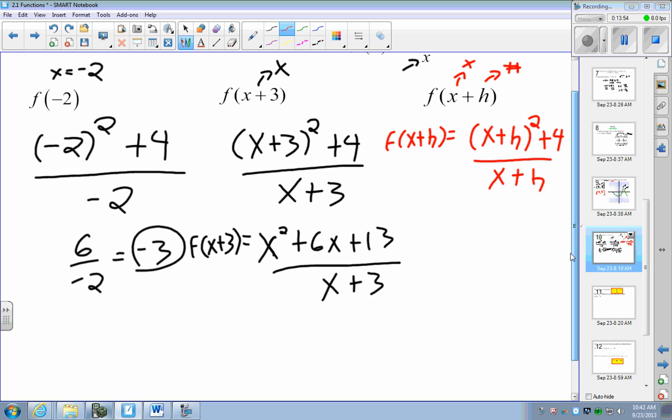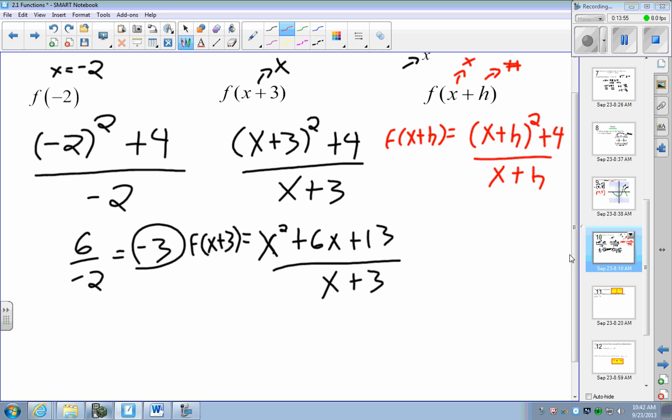Now we double distribute that x plus h squared. We'll get x squared plus 2hx plus h squared plus 4. We're going to divide that all by x plus h. And we can't really cancel out anything from the denominator and the numerator, so this is just going to be our final answer right here.